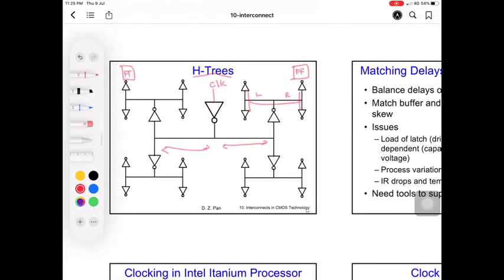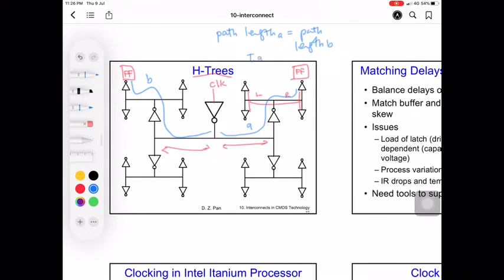So this means that if you connect a block here, let's say a flip-flop here, and another flip-flop here, the timing delay for the clock signal to go this way, let's say path A, and also path B to reach the other flip-flop, the path length of A equals the path length of B. Therefore, the delay of A equals the delay of B.